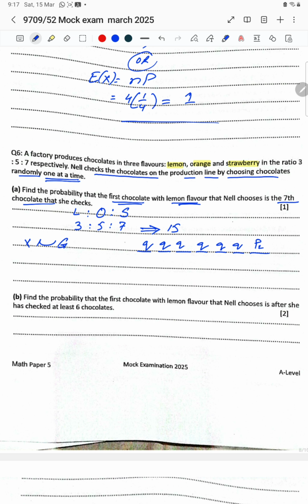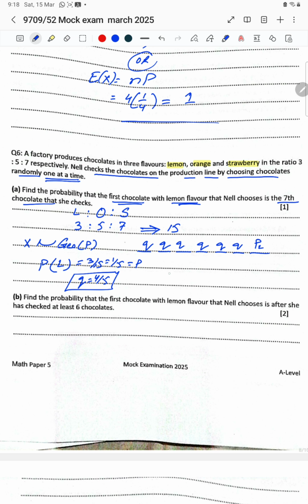So I say this is a special case of the geometric distribution, with probability p. The probability of lemon is 3 out of 15, that means 1 by 5. If this is p, then q will be 4 by 5, not getting a lemon chocolate.